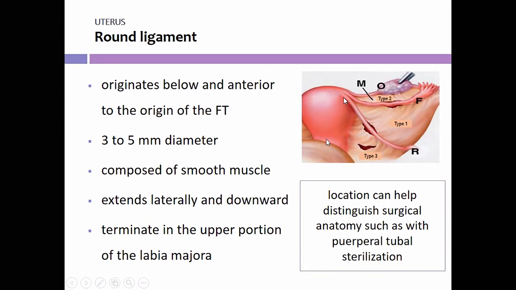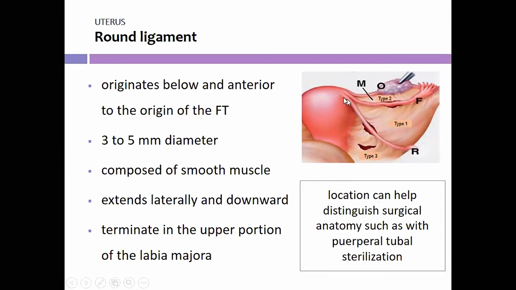So this is the fallopian tube. This is the ovary. The round ligament originates from the anterior portion of the fallopian tube. This is found anterior and inferior to the fallopian tube, and this terminates into the labia majora. So this is the only ligament which goes out of the pelvis.